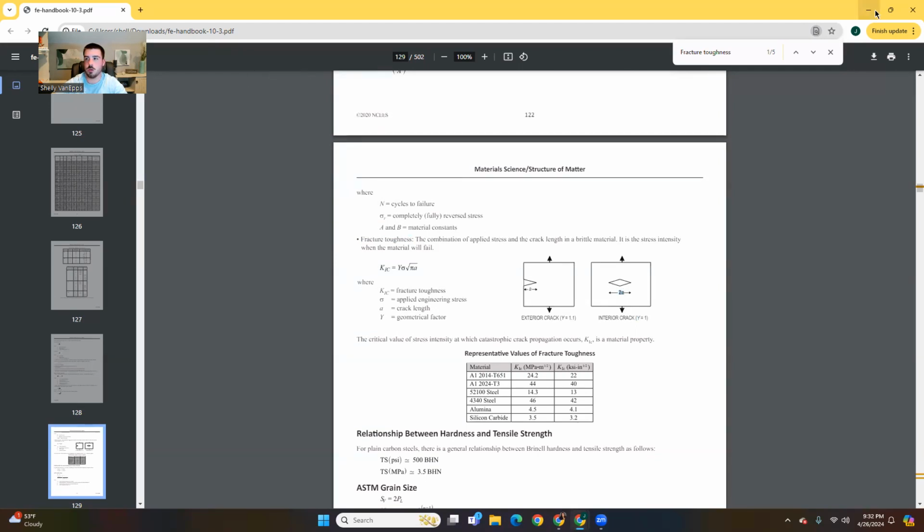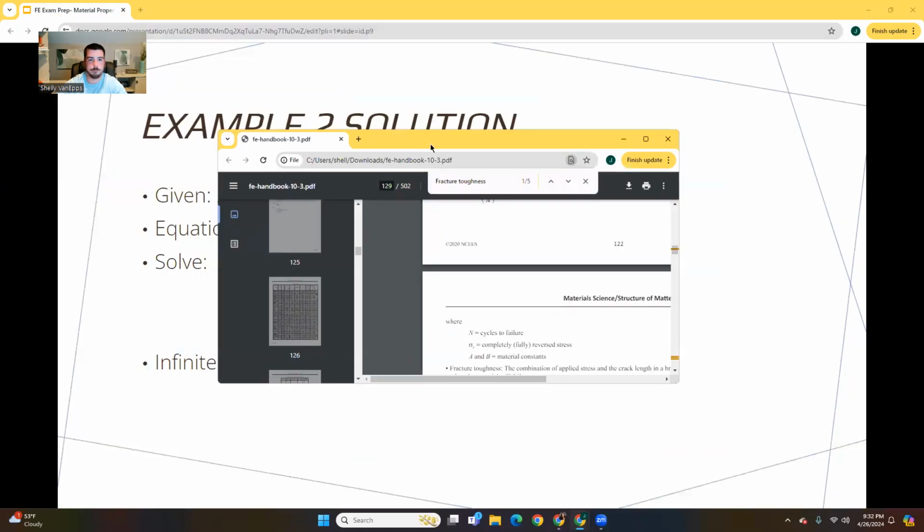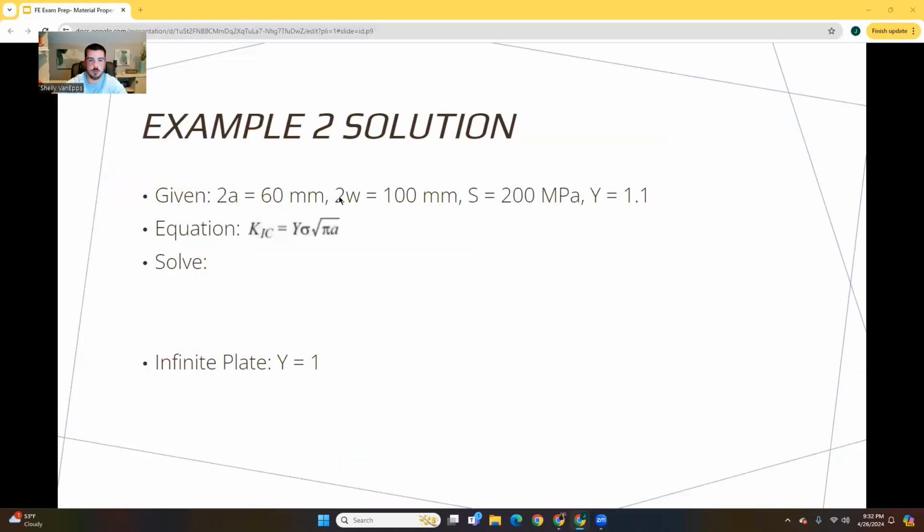So if we go back to the question, we are given 2a equals 60 millimeters, meaning that a in our equation is actually equal to 30 millimeters.